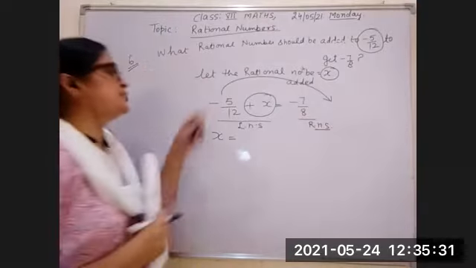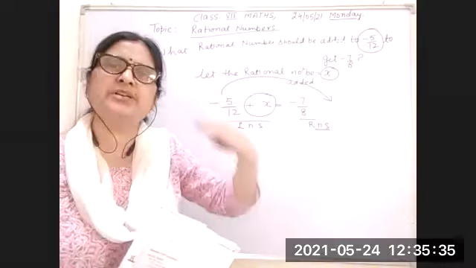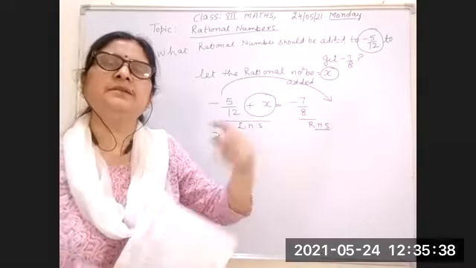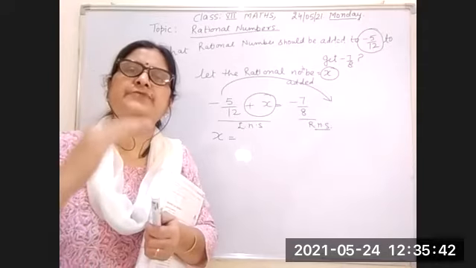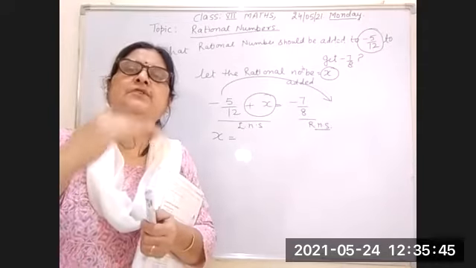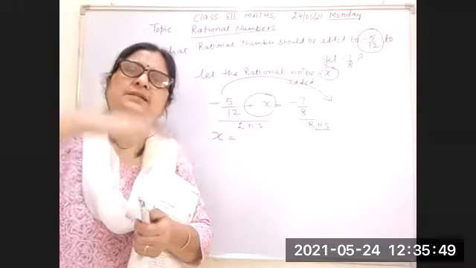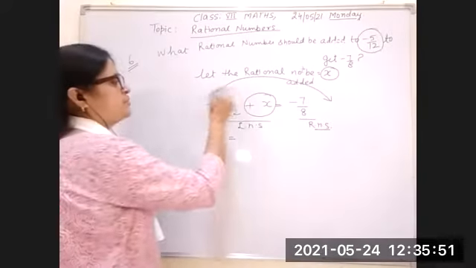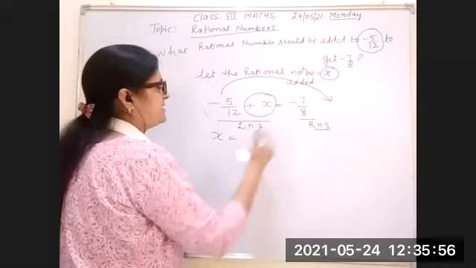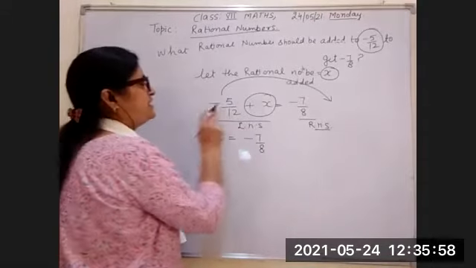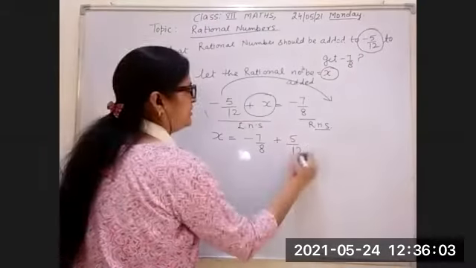When I transpose minus 5 upon 12 to the right hand side, the sign changes: minus becomes plus and plus becomes minus. Always when we transpose anything from left to right or right to left, the sign changes. So minus 5 upon 12 now becomes plus 5 upon 12.